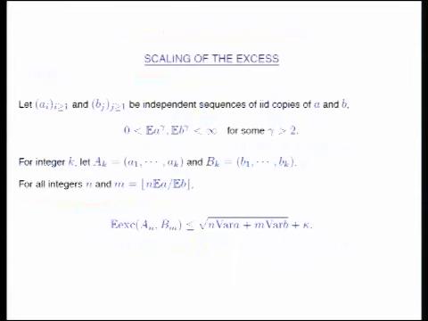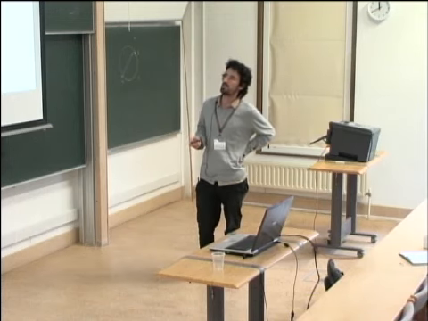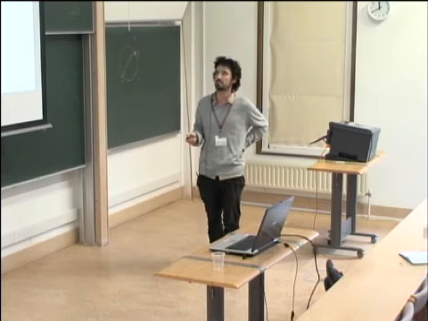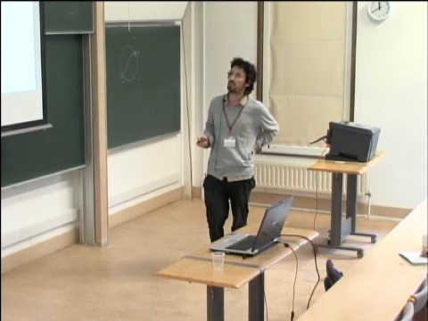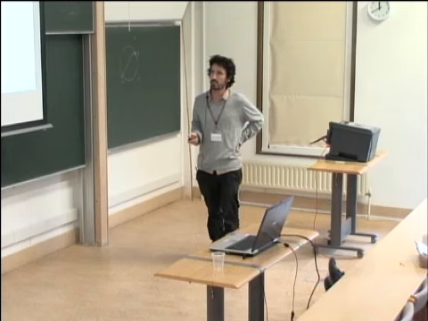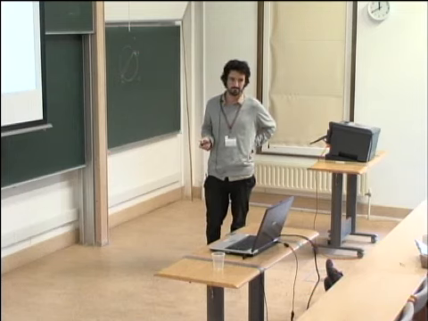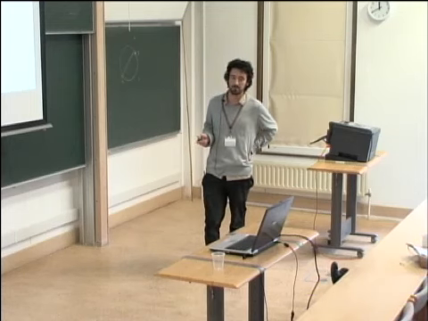So if you want this balance equation to be satisfied when the A_i and the B_j are i.i.d., you want at least that M, the number of blue points, has to be roughly equal to N times the expected value of A divided by the expected value of B. If you take n a fixed integer and m as the integral part of that, you can prove using the Erdős-Gallai theorem that the number of edges that you lose is of order square root of n. So you lose square root of n points.